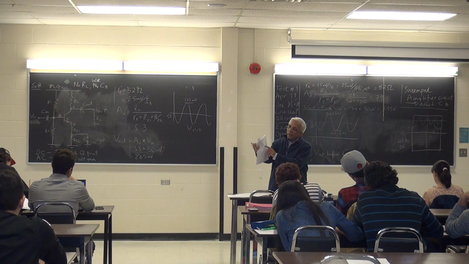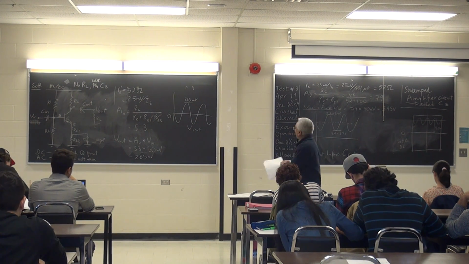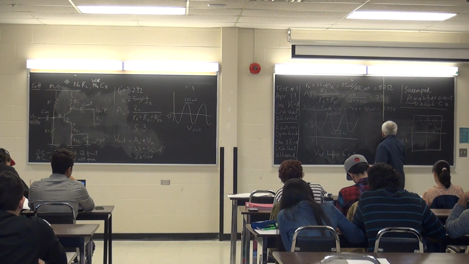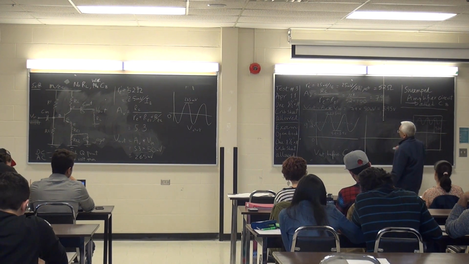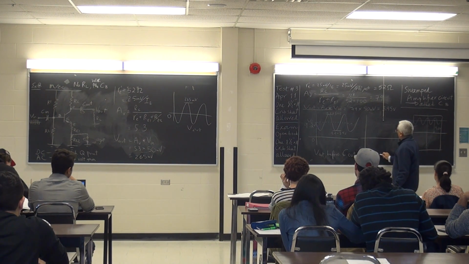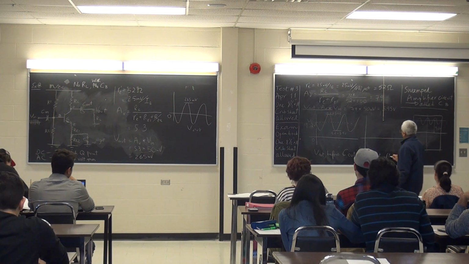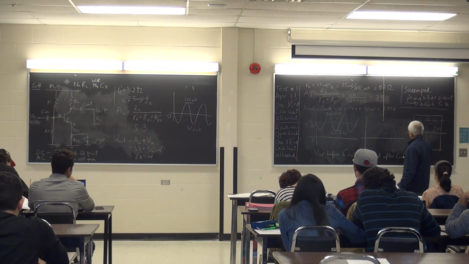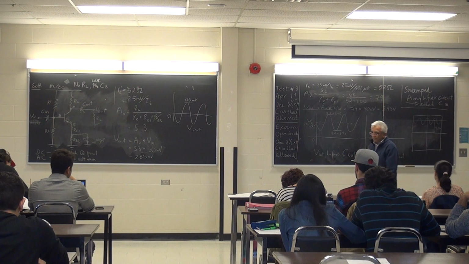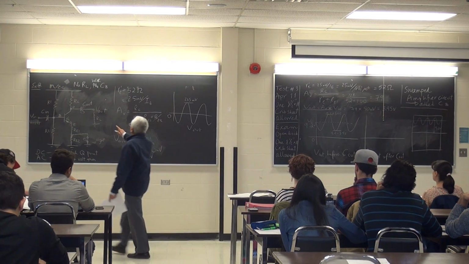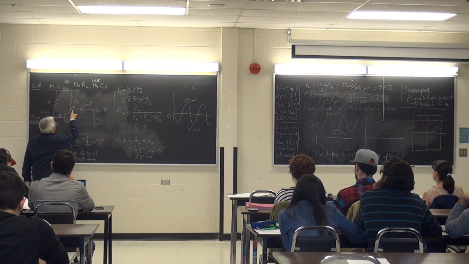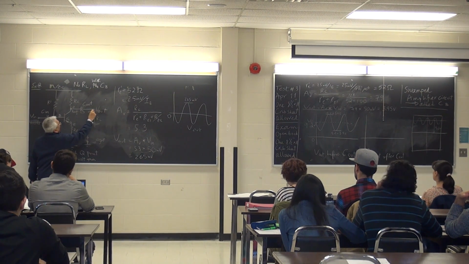What is V out after C3? So my second graph is here. V out after C out. Where is after C out? This is before. This is after.